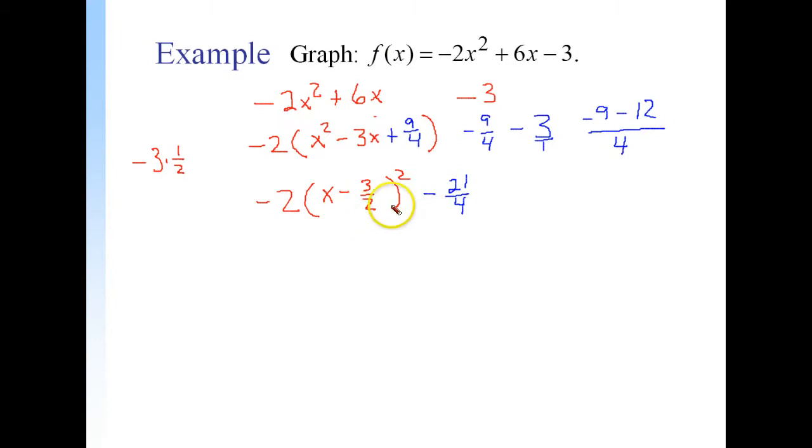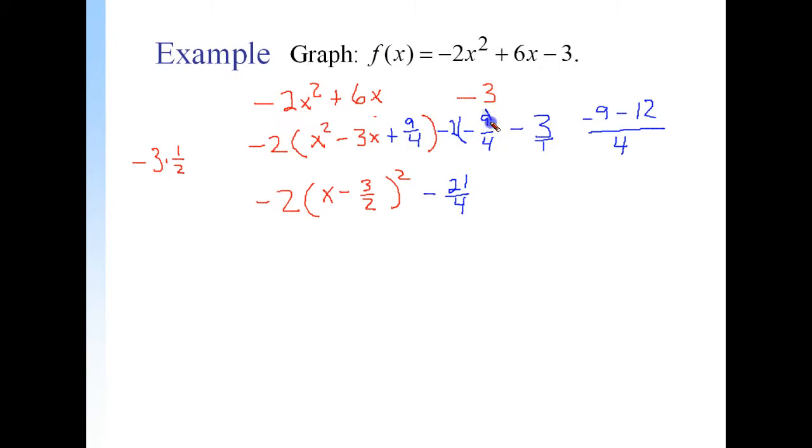So this was kind of a tricky one. So once again, this is now in the form of the vertex formula. My a is a -2, and I think I left something out here. Yes, I did. So I have to go back because I forgot to multiply this by a -2 here.